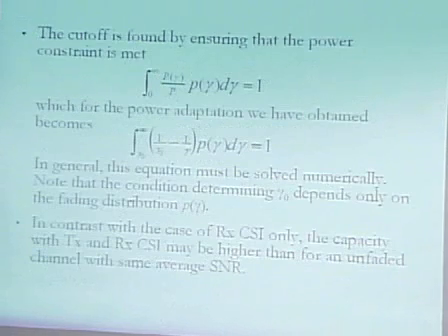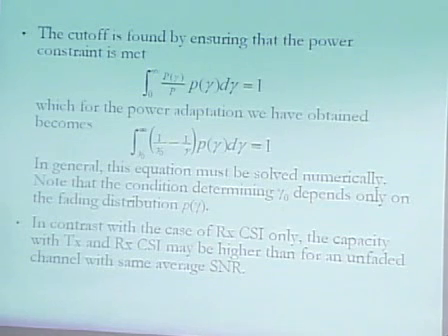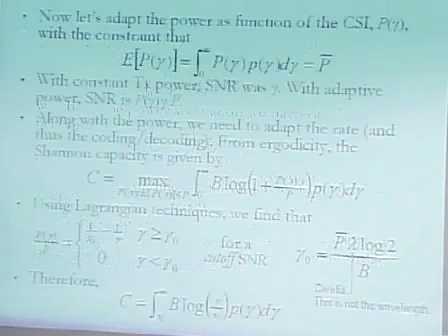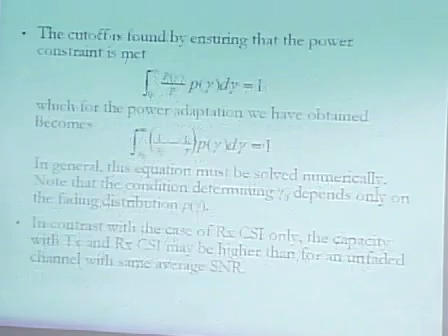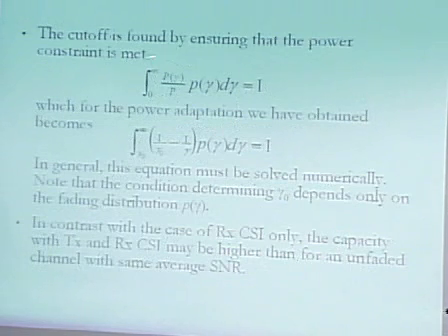And the remaining point is how to find the cutoff. So how do we find gamma 0? Well, we have to enforce the power constraint. We have to ensure that the expected power is equal to P bar. That turns into this integration.